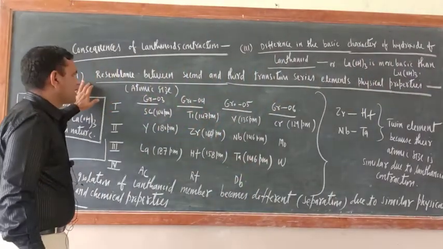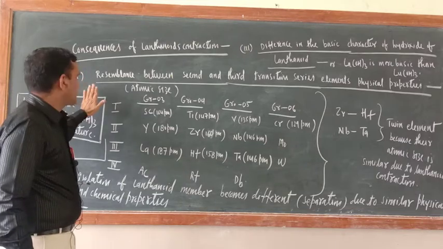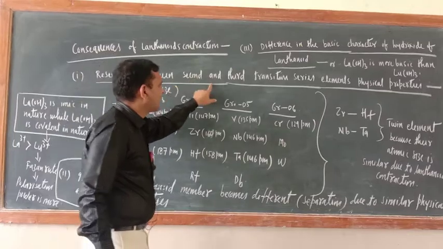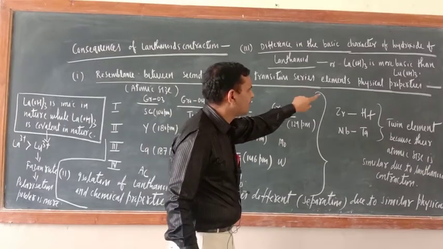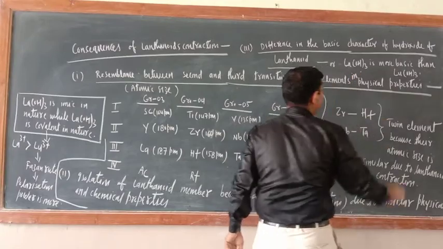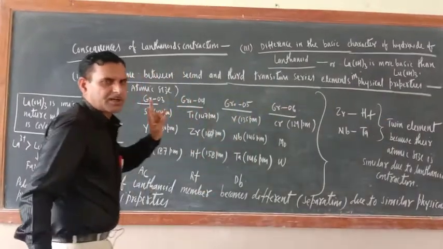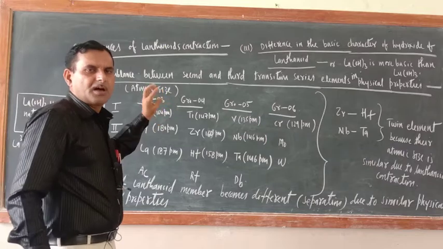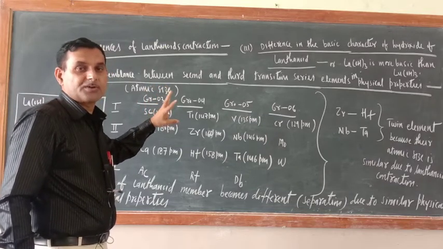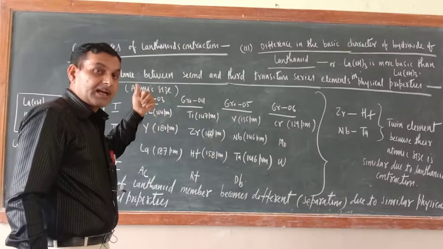So just see here, basically 3 consequences are there. The first one is resemblance between second and third transition series elements in physical properties. Just see, when I was teaching you transition series, that time also in 1-2 places the lanthanide contraction word came. That time only I told you.